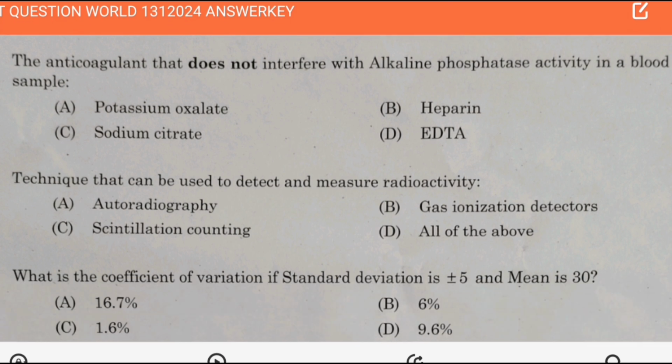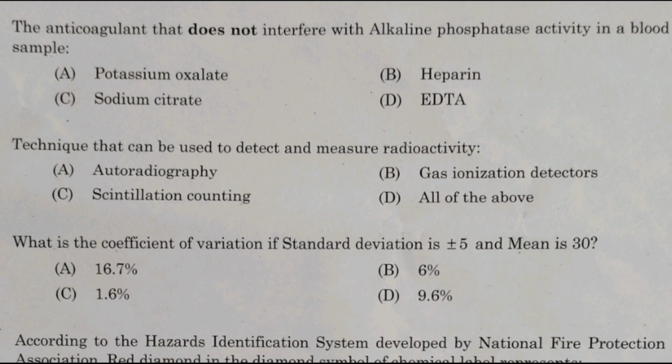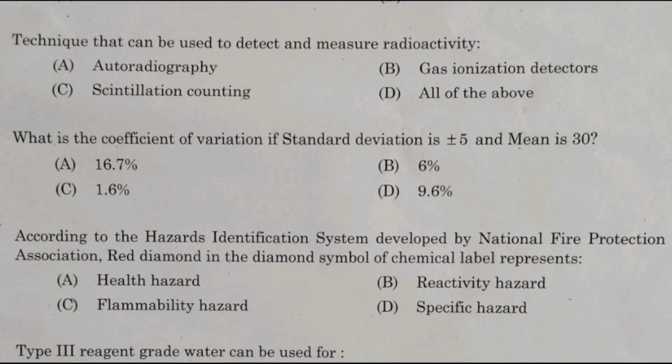Next question, the anticoagulant that does not interfere with alkaline phosphatase activity in a blood sample. The right answer is option B, heparin. Heparin does not interfere with alkaline phosphatase activity. Next question, technique that can be used to detect and measure radioactivity.